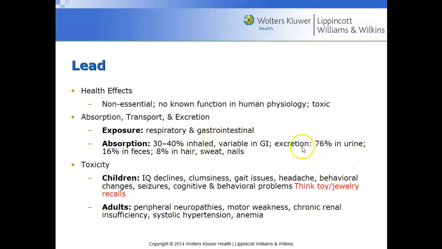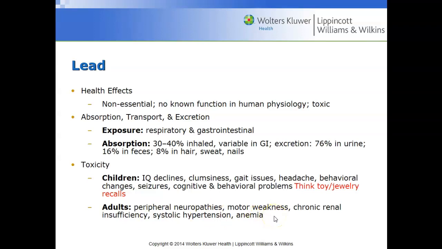We can get exposure through respiratory or GI methods, and the big problem, in children, your IQ declines, you're clumsy, you have trouble walking correctly, headaches, behavioral changes, seizures, behavioral and cognitive problems. In adults, you will see peripheral neuropathy, so they'll lose the feeling in their fingers, toes.